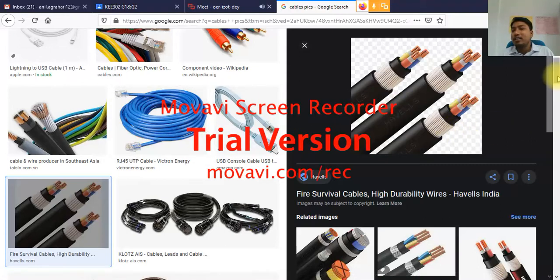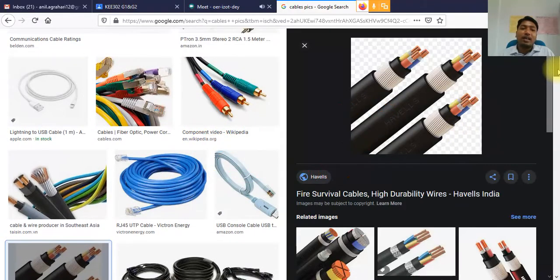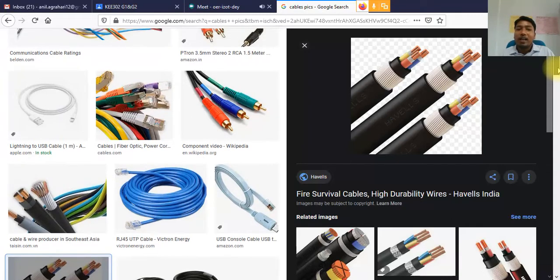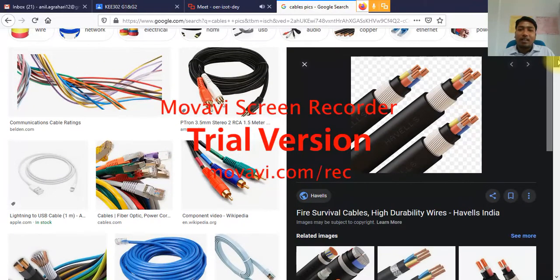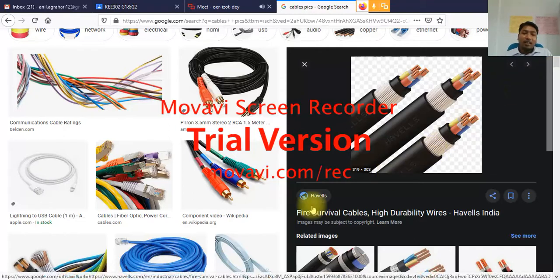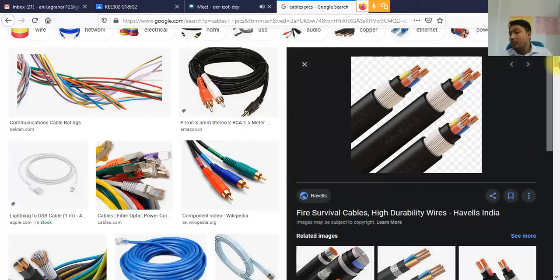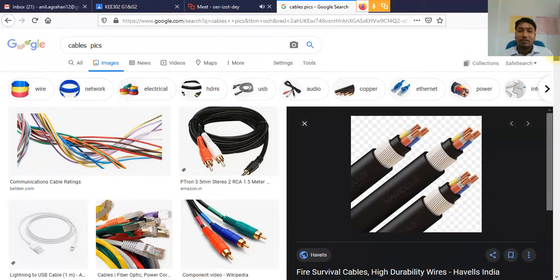But you can say, sir, when we connect our mobile cable to our laptop or to any USB drive, our mobile gets charged. It's okay, but that voltage is very low, 5 volt. The output voltage in a mobile cable is 5 volt, not more than 5 volt.